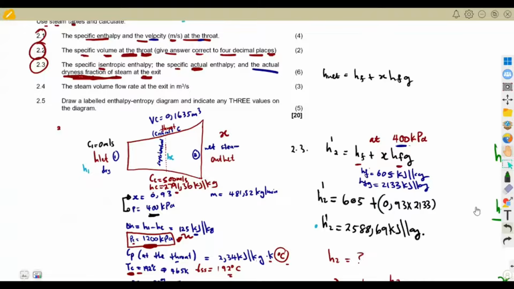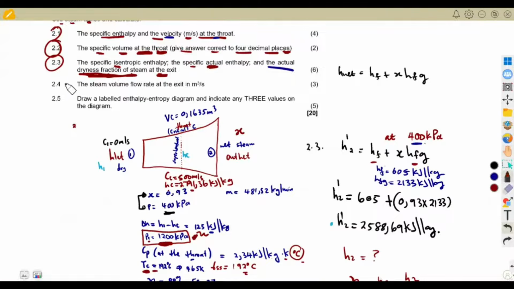Then the other part they want is the steam volume flow rate at the exit, in cubic meters per second. This is at the exit, and we need the flow rate.